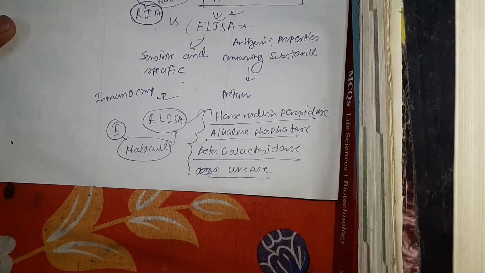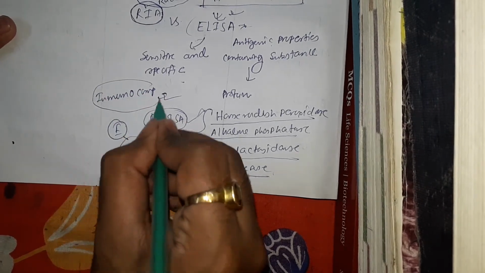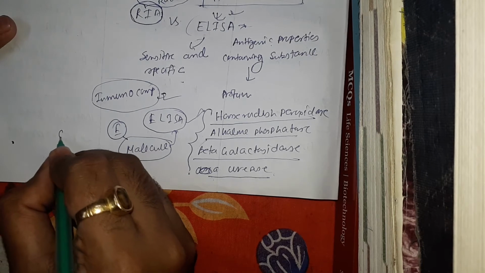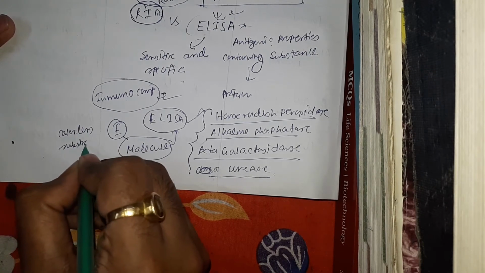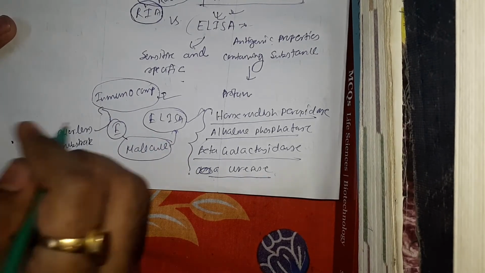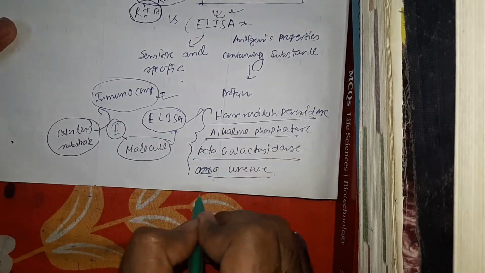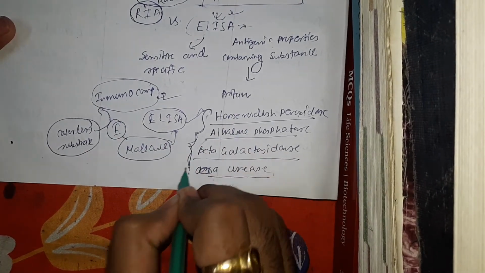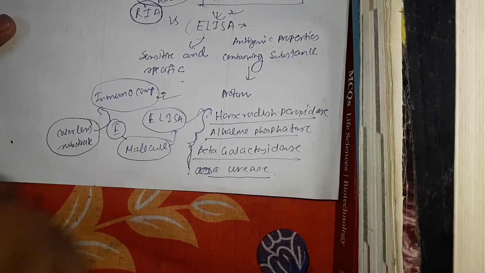Once this molecule attaches to the immunocomponent, we are going to add a colorless substrate that in the presence of the enzyme gives us a colored product. Now after learning about what enzymes we are going to use, it is necessary to know about the color substrate too.